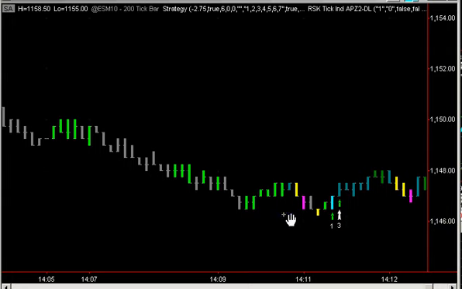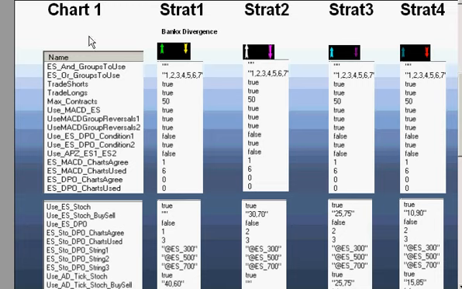Now, interestingly enough, we have confirmation of those trades off of chart number 1, strategies 1 and 2, that picked off long trades right in here. Let me show you the settings for that. And here we have chart 1, strategies 1 and 2.